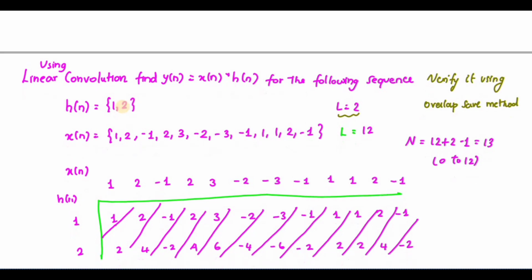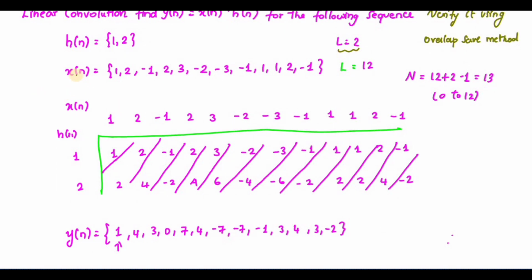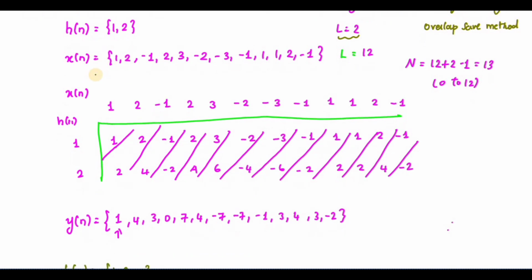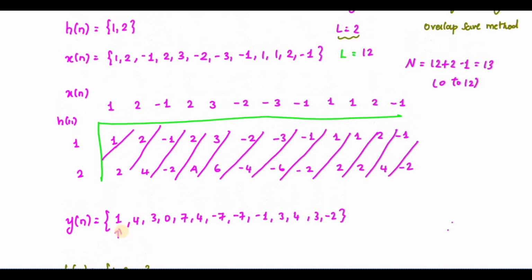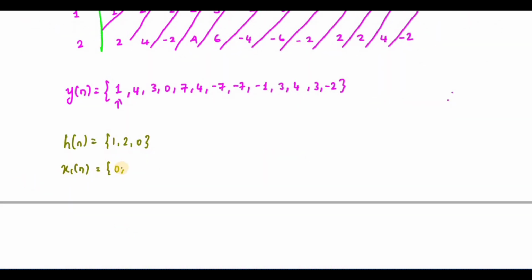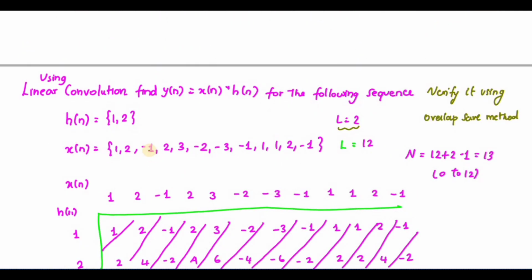Now you have to split this x of n into blocks of length 3. Therefore you have to add 0 to the initial part. So I can write x1 of n: you have to add 0 at the front, so 0, 1 and 2. Next x2 of n is 2 comma minus 1 and 2.